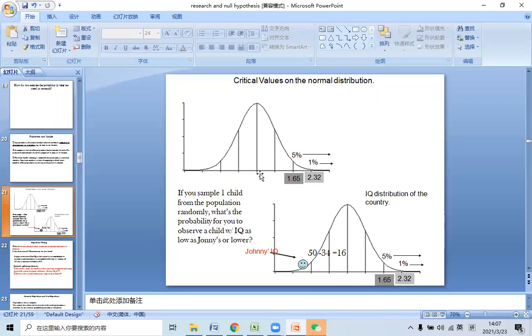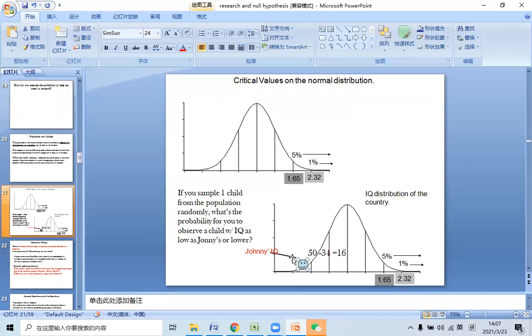That's a normal distribution. Suppose the wolf boy, little Johnny, has an IQ score that is really low, and the probability of finding such a low IQ is really small.